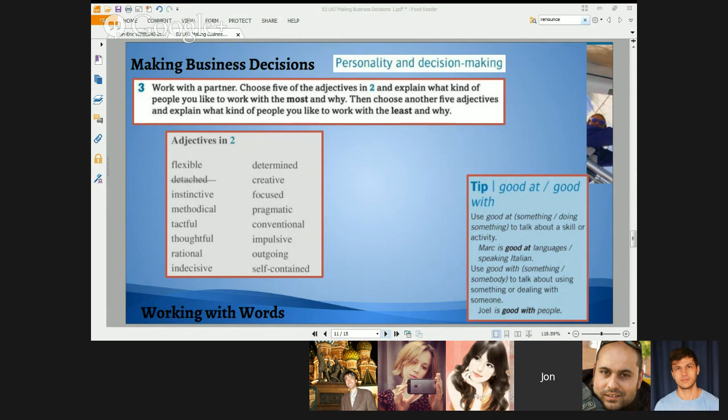I want to work with people with flexible character because I'm quite flexible, so I want to work with a methodical and tactful partner. So, flexible but methodical. Yes. Good, flexible but methodical.